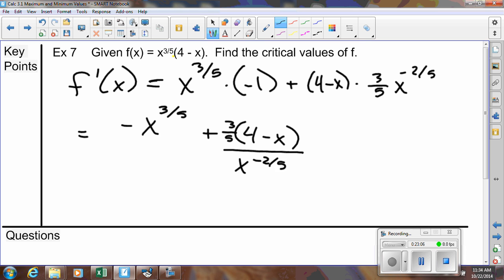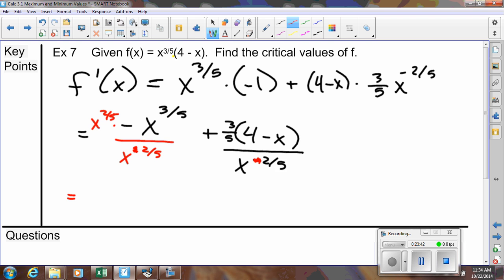In order to find the critical values, we have to figure out where this equals 0 or does not exist. It's a lot easier if you have a fraction. So in order to get a common denominator, we need an x to the -2/5. I'm sorry, +2/5. This was a negative, so I brought it down to the denominator. And so we'd have to have x to the +2/5 for the numerator as well. That will allow us to rewrite this then.